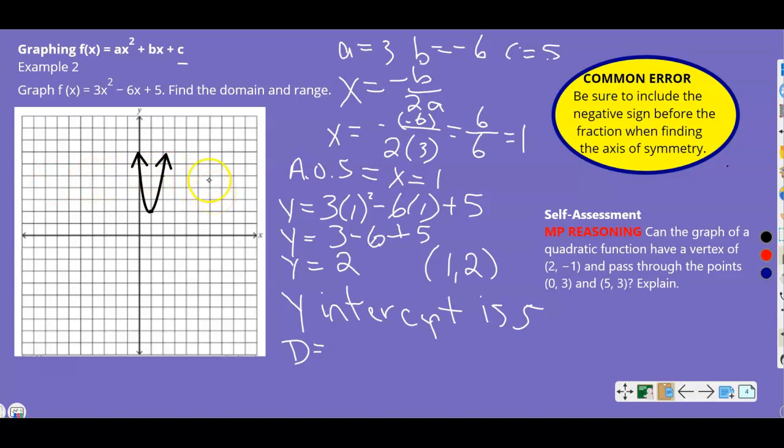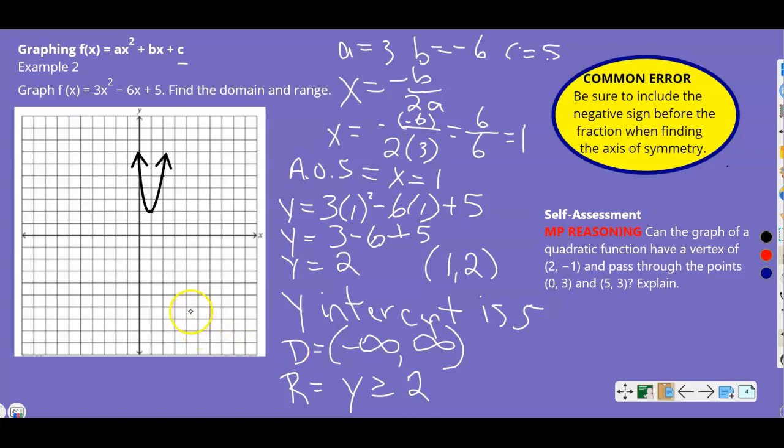Your domain is your x's, so it's going to be all real numbers. And your range is everything above the vertex. So this is y equals 2. So it's going to be y greater than or equal to positive 2.